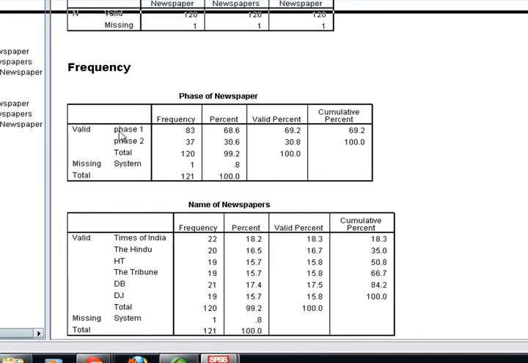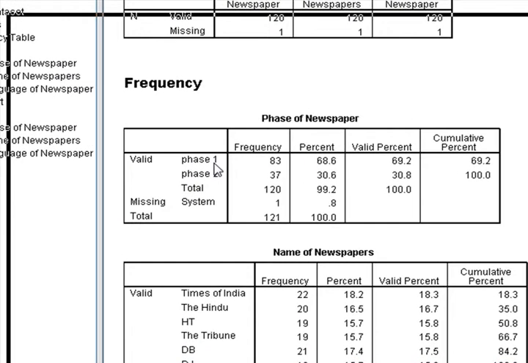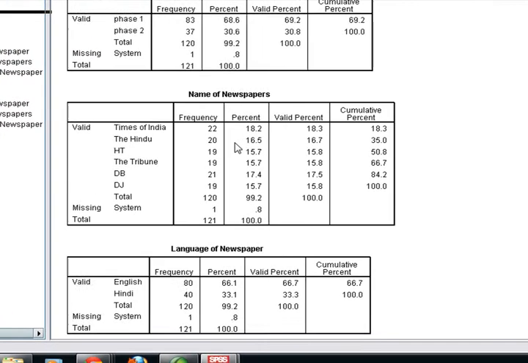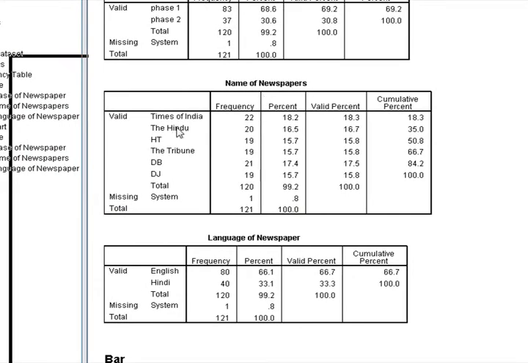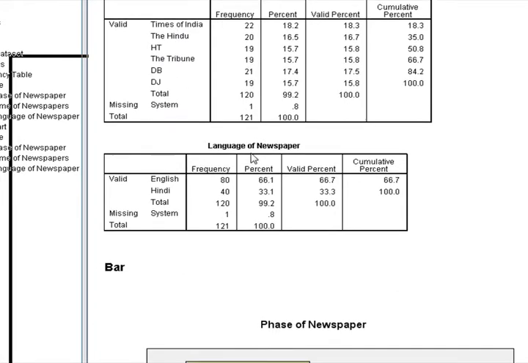It says that the phase 1 variable has 68.6% share, whereas phase 2 is having 30.6. And as far as newspapers are concerned, Times of India has got 18.2% share of total news. Out of these, 1, 2, 3, 4, 5, 6 newspapers.